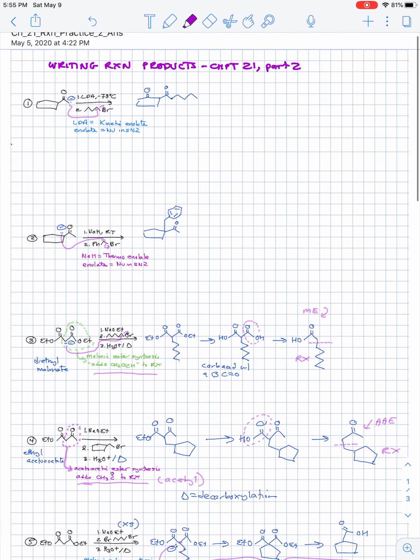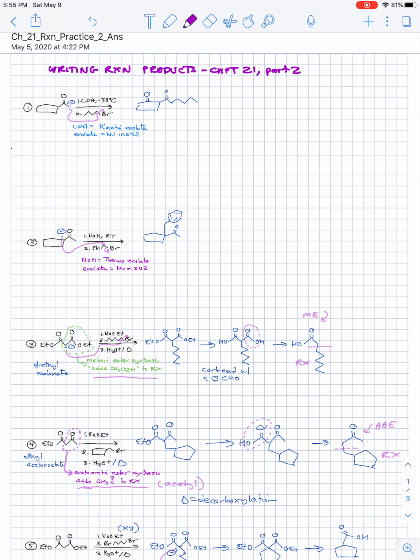And another important difference is that if we go back up here, the alkylating entity is the electrophile, and the enolate is the nucleophile.